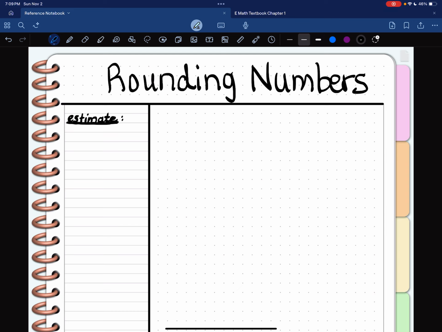And an estimate is an approximation of an amount or an answer. I'll say an amount based on rounded numbers.